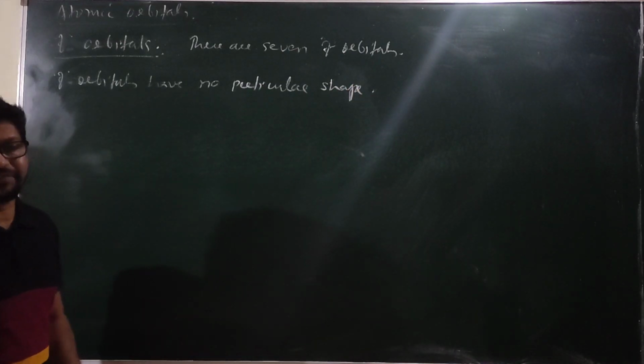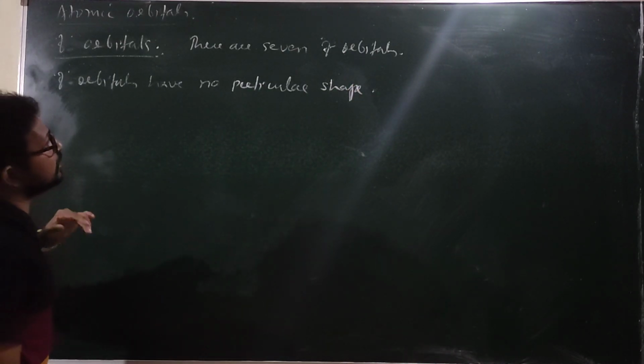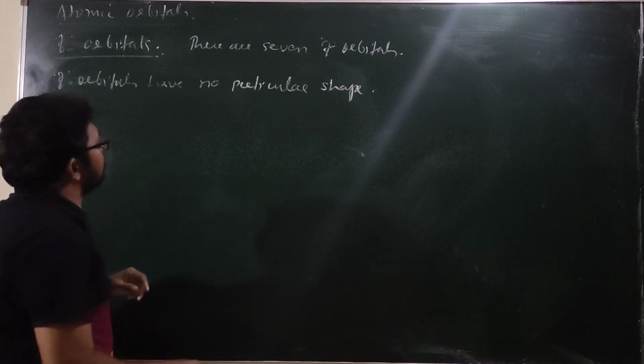When there are 7 f orbitals, how many electrons can you fit in the f orbitals?